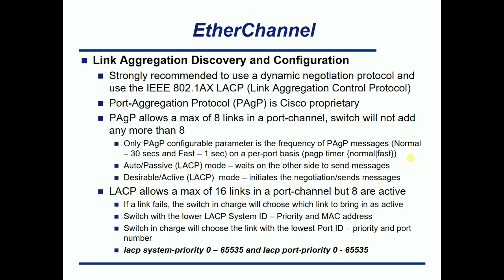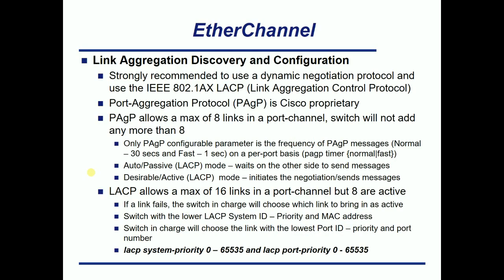The negotiation modes for PAgP are either auto or desirable. Passive and active are for LACP, but they do the same thing. Auto and passive wait on the other side to send messages, and then desirable and active initiate the negotiation and actually send the messages.